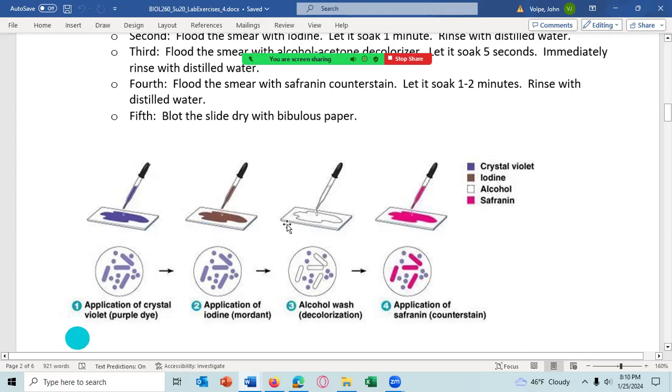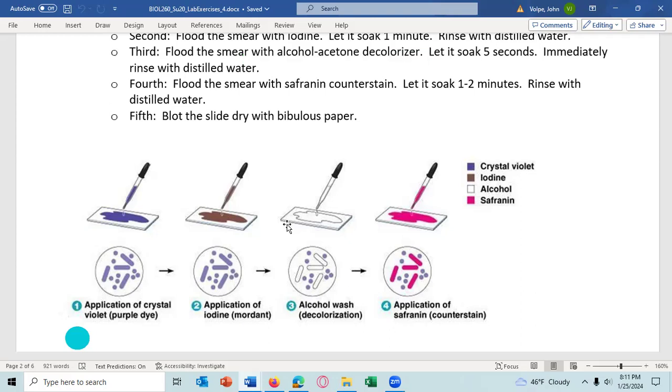And then you apply the decolorizing step. Let me say that the best way to add the decolorizer is to take your dropper and hold your slide close to your eye at an angle so you can see it, and then drop the decolorizer on the slide so that it runs down.